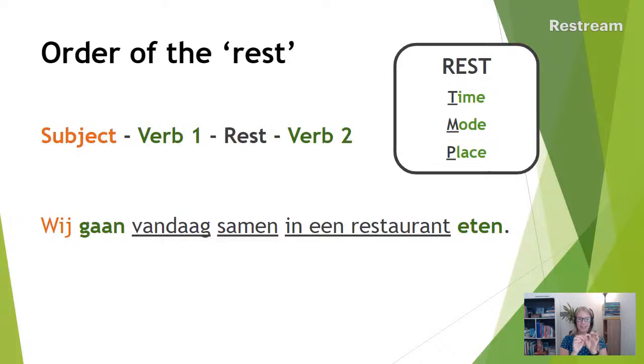See if you have a time indication, like vandaag or nu or om 3 uur or in januari, that kind of thing. That one should go at the beginning of the rest, first out of all the rest items. If there is a place, that one usually goes at the end of your rest. So in this case, in a restaurant.